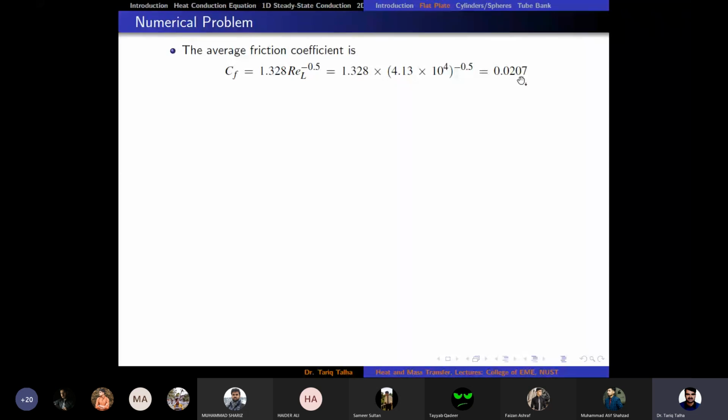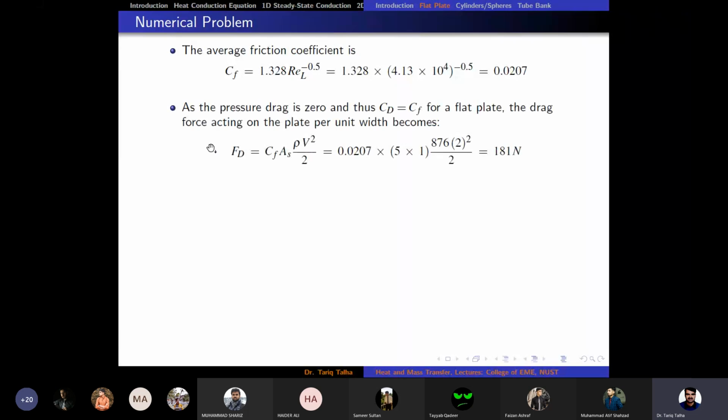0.0207. And now we can calculate drag force. Drag force would be equal to, because CF is equal to FD divided by half rho U squared into area. So for the calculation of FD, we multiply the denominator with the CF, which is half rho U squared into surface area. So CF we have already calculated. Rho AS, that is 5 into 1. 1 is the unit width, and then rho value is 876.